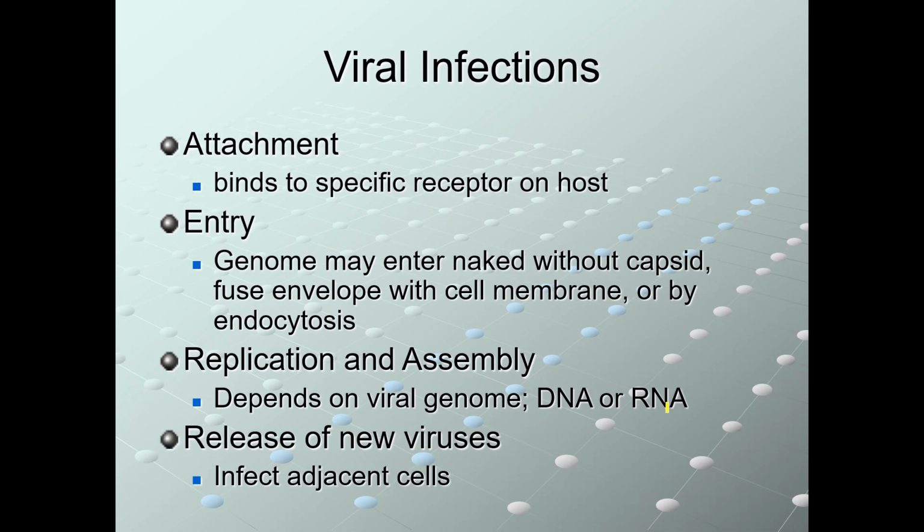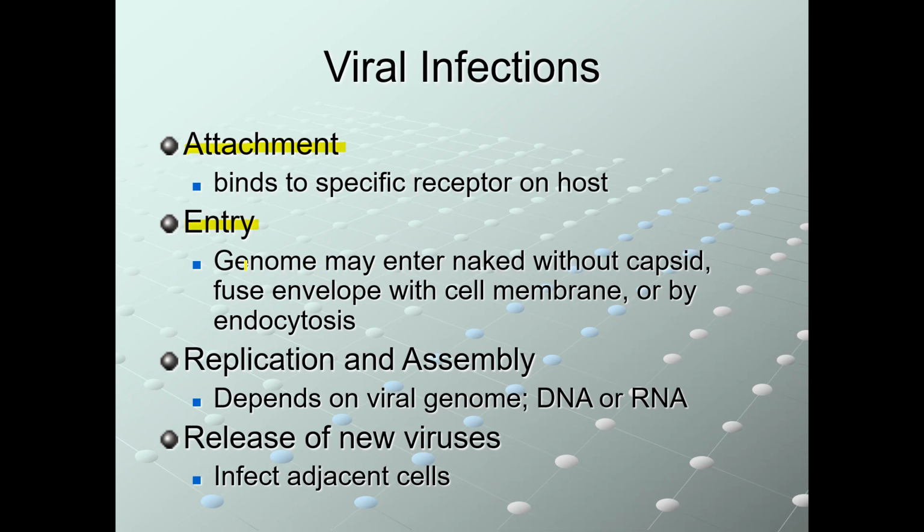Now, how do they actually go through and infect? Okay, there's kind of four main things that have to happen. The virus has to attach. We already mentioned and talked about how there's going to be specific proteins. The proteins on the virus have to bind to receptor proteins on the host. That's always going to be a specific matchup. Once the virus attaches, it's going to have to enter the cell. It's all about getting that DNA or RNA into the cell.